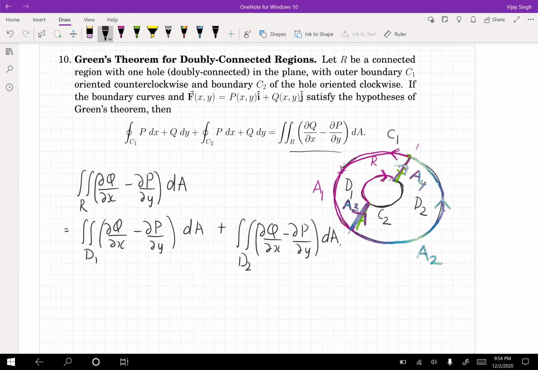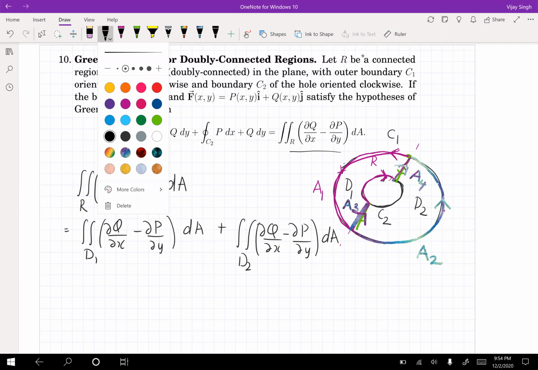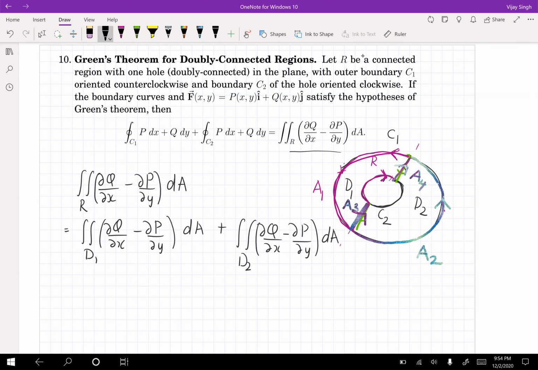For D1 we get the line integral over the boundary, which in terms of curves is A1 union A3 union A4 of P dx plus Q dy.